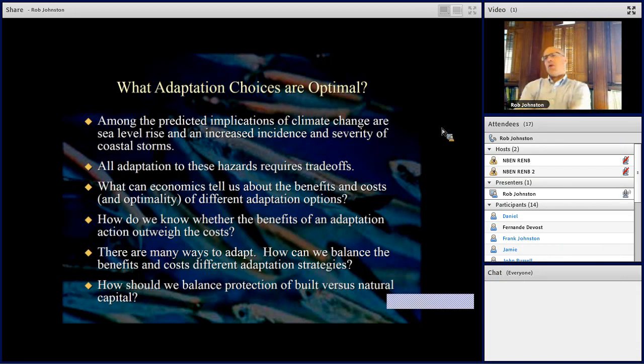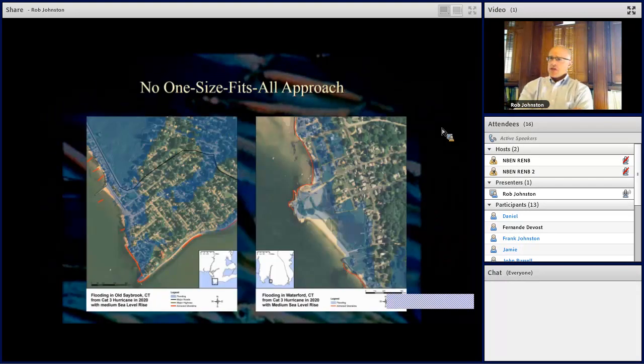As I mentioned before, there's no one-size-fits-all approach. Here are some close-in, remotely sensed images of two towns that we studied in Connecticut, Old Saybrook and Waterford. They're very close together, only about 10 miles apart. We're looking at the western side of each one as it might be impacted by a hurricane.